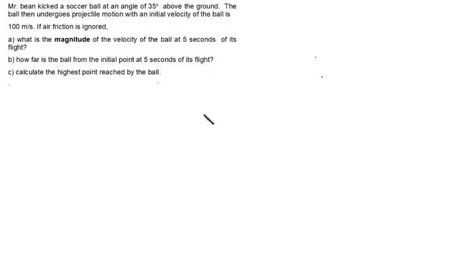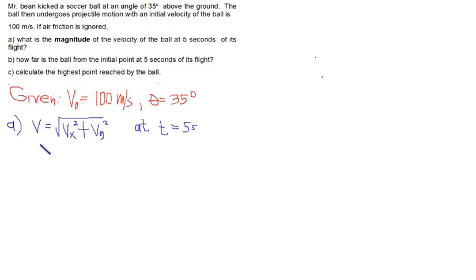So the very first thing to do is to determine the givens. The givens here are the initial velocity v0 of 100 meters per second and the angle of 35 degrees. Now for letter A, we are looking for the magnitude of the velocity at time 5 seconds.